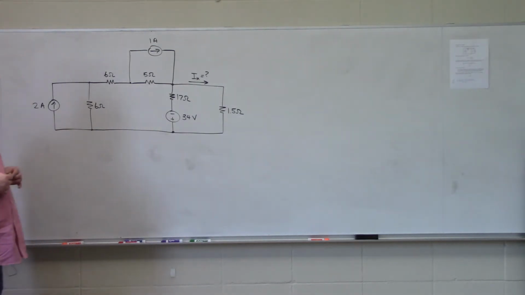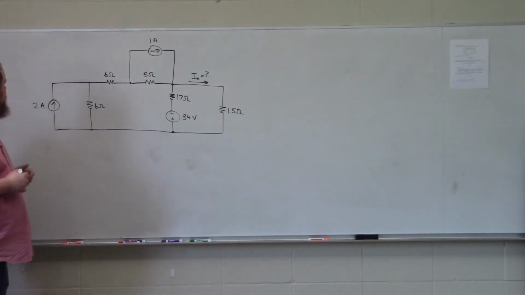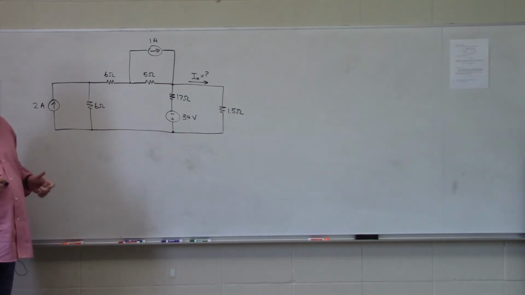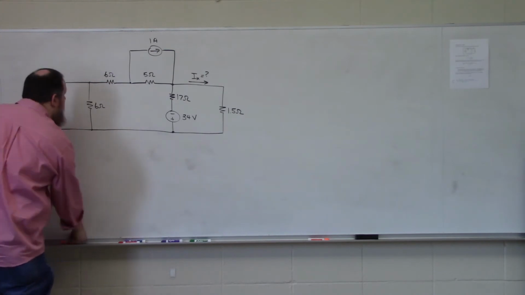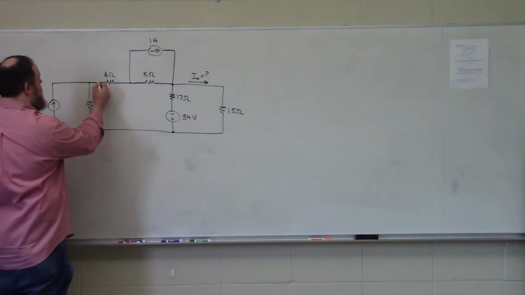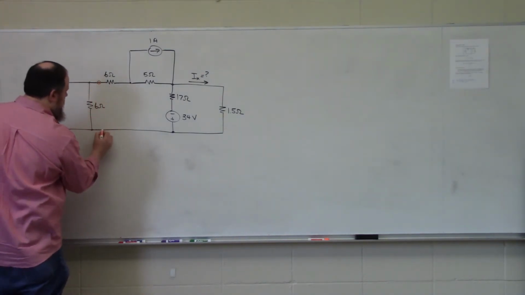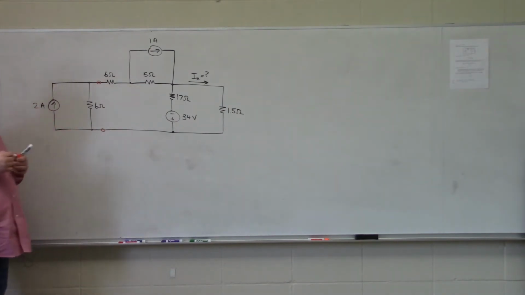So the first thing that we're going to do is identify our practical sources, okay? I have a 2 amp source in parallel with a 6 ohm resistor, so this forms a practical current source. And I am going to draw a pair of terminals. It's effectively trying to show where that practical current source is connected to the circuit, okay?